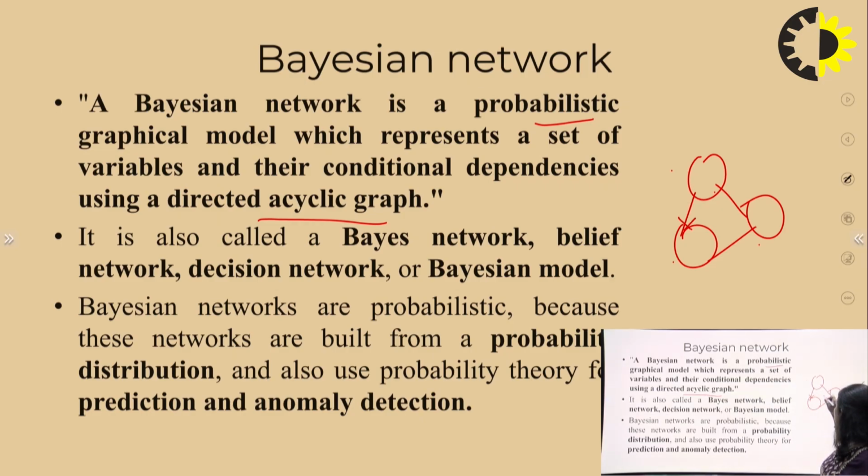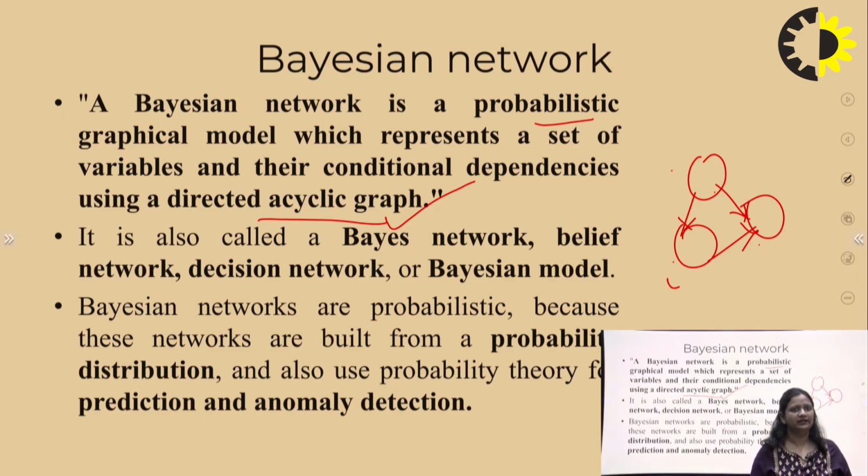In a directed graph, there are some edges that go from one vertex to another vertex, but in a directed acyclic graph no cycle can be formed. So a directed acyclic graph means a graph that has directed edges, but that graph does not contain a cycle.